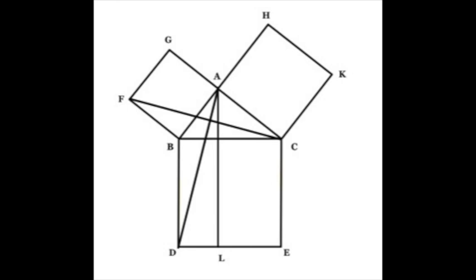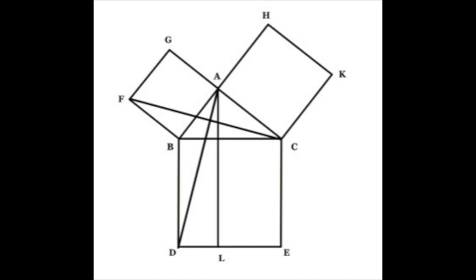The angle ABD is the angle B in the triangle ABC plus a right angle, as is the angle FBC. Thus, the square on the short leg and the rectangle BL are equal because both are double equal triangles.